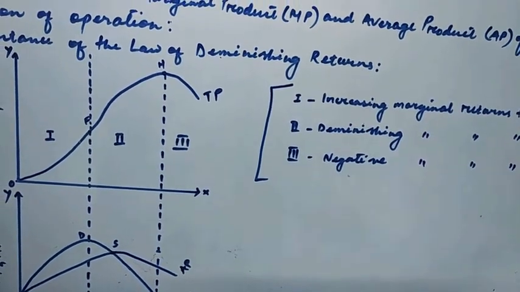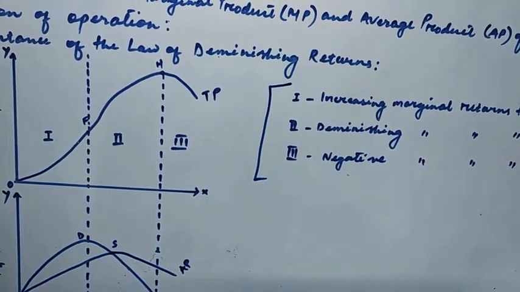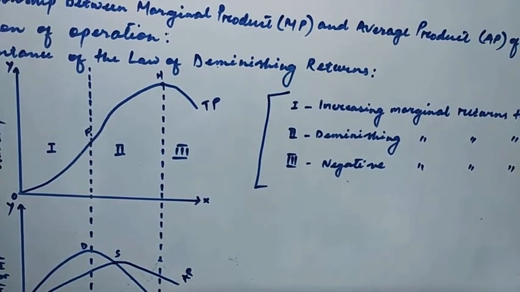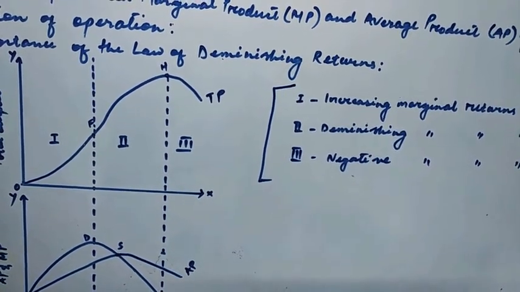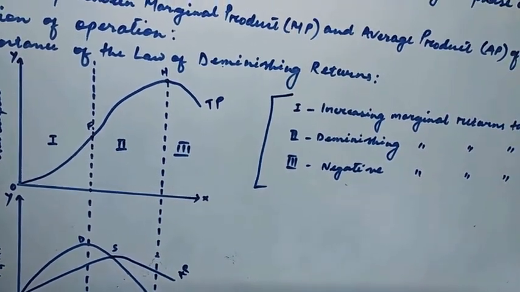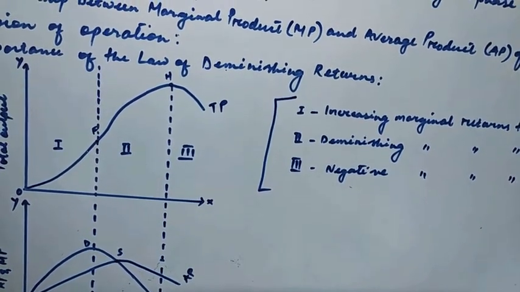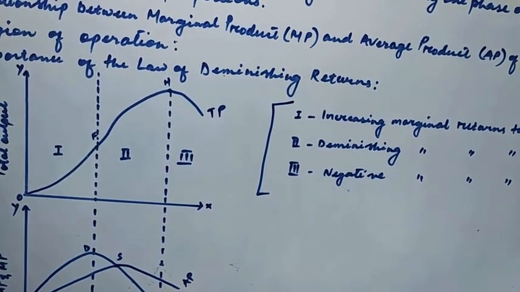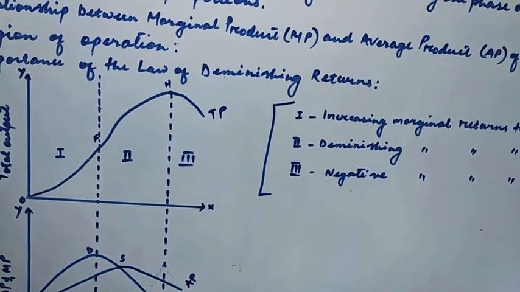So from this, we should understand that it is projected that because of diminishing returns, there can be no hope for raising the living standards of mankind, especially of people living in developing countries.